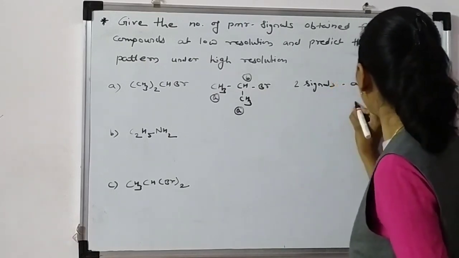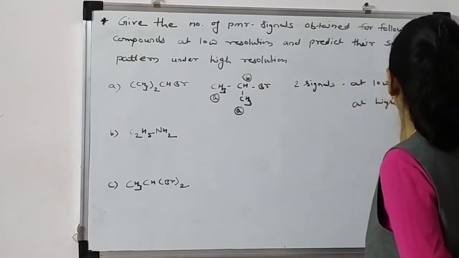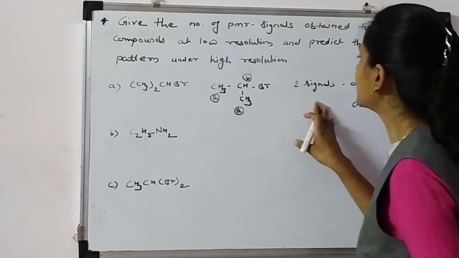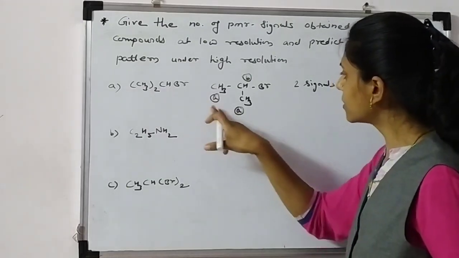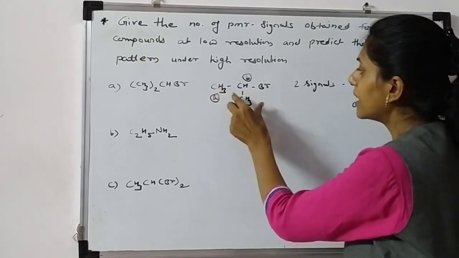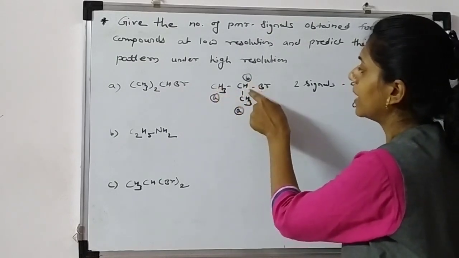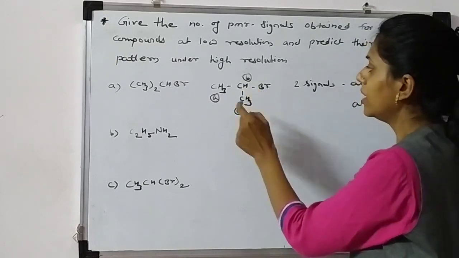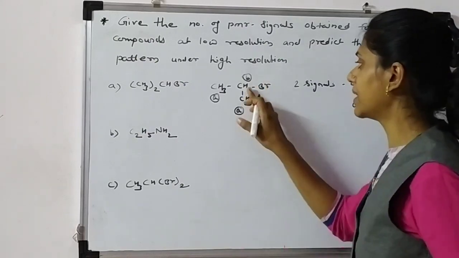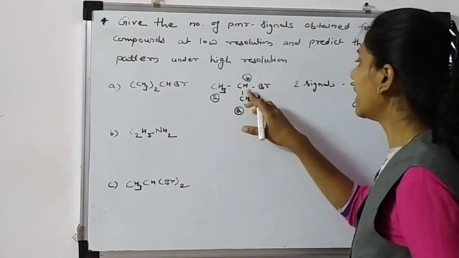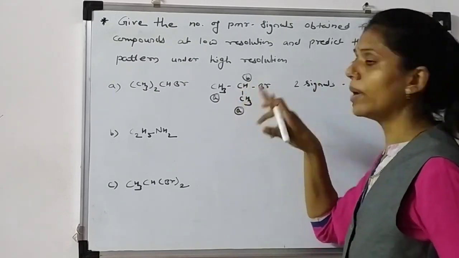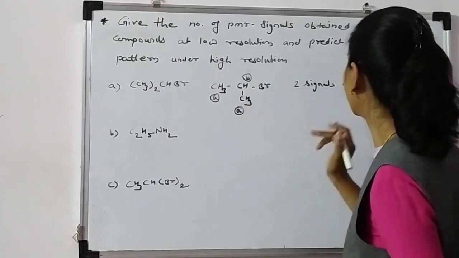And at high resolution, we look at the spin coupling pattern. For this AA signal we get a doublet. These 6 protons give a doublet according to the n+1 rule, since the adjacent methyne proton is present. The n+1 rule says we add 1 to n, that is, one proton adjacent to this group, 1 + 1 = 2, so a doublet is given.